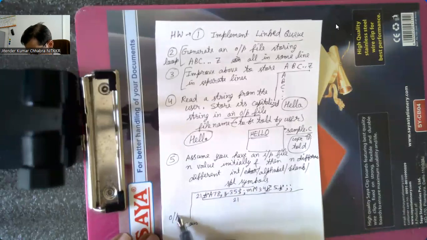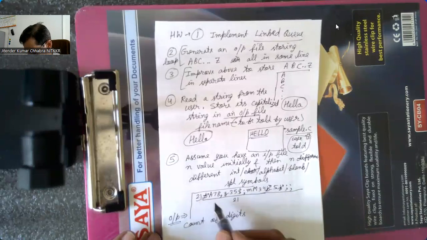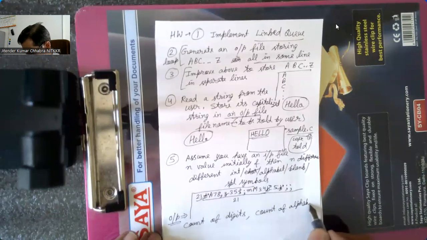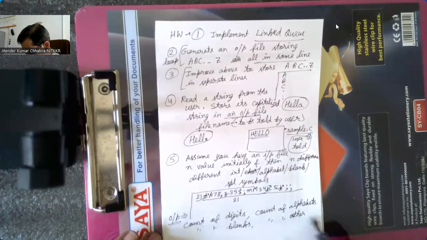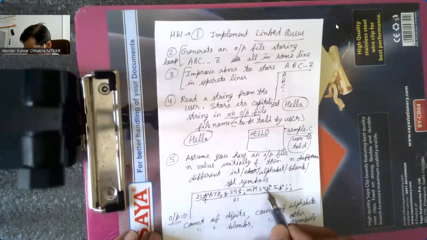I want output to be generated on screen to tell the count of digits out of these 21, count of alphabets, count of blanks, and count of other symbols. So for example, I could say 1 blank, 2 blank, 3 blank.